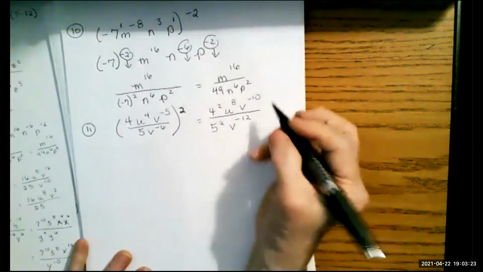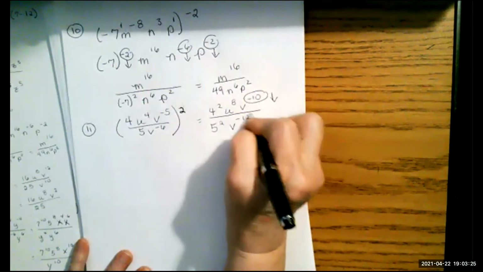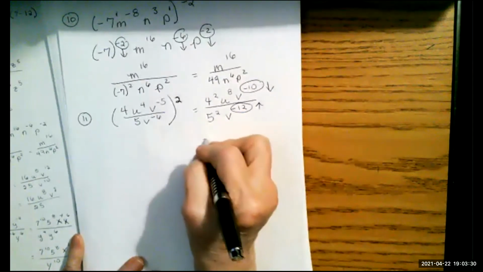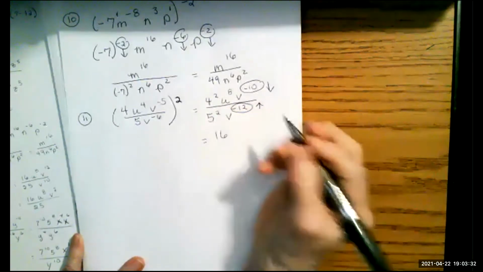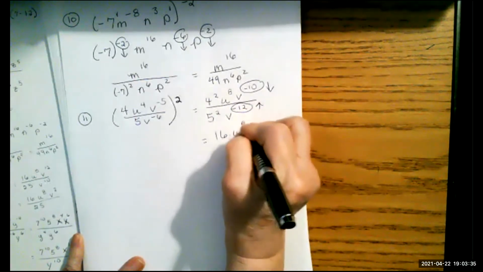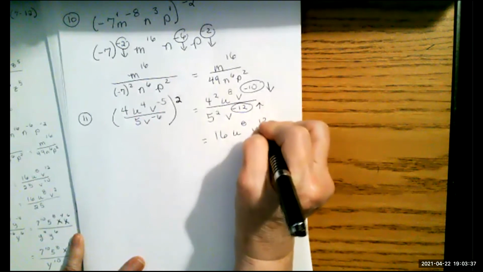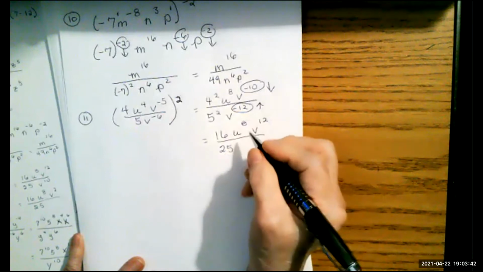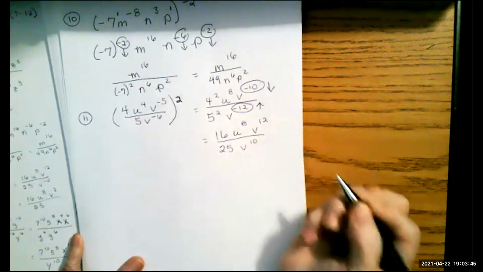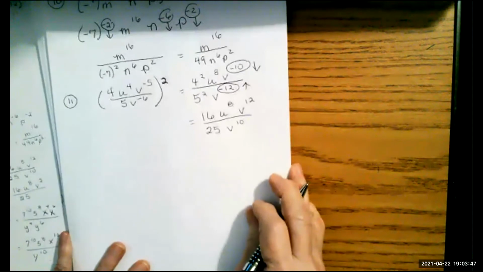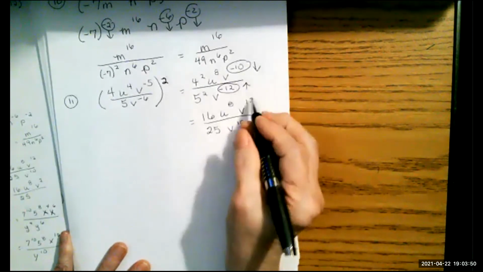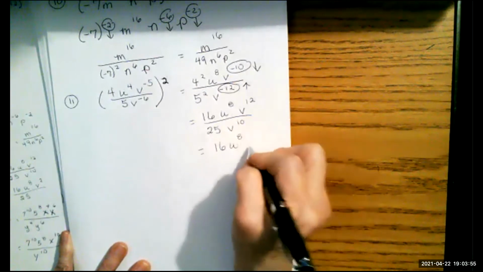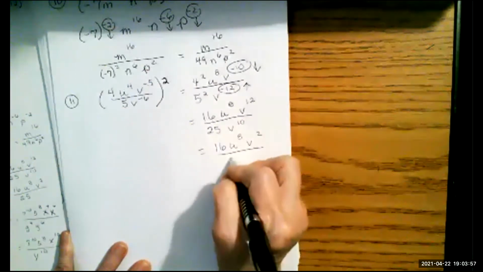So I have a couple here that I need to change the places on them, moving the 10 down and the 12 up. I'm going to go ahead and multiply these out. 16 u to the 8th, and I'm going to move my v to the 12th to the top. 25, no u's down there, but I've got a v to the 10th that's going to come down there because it was negative in the top. Now I've got v's that are the same, so I'm going to have 16u to the 8th, v to the 2nd over 25.